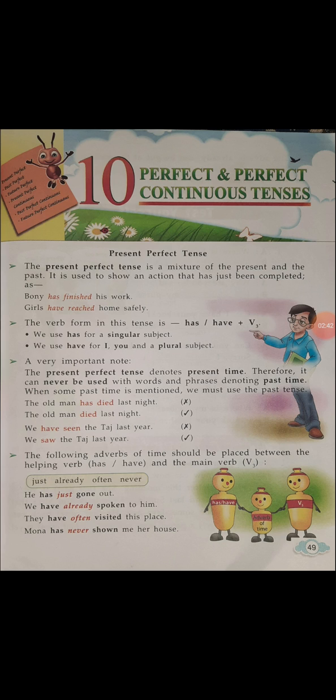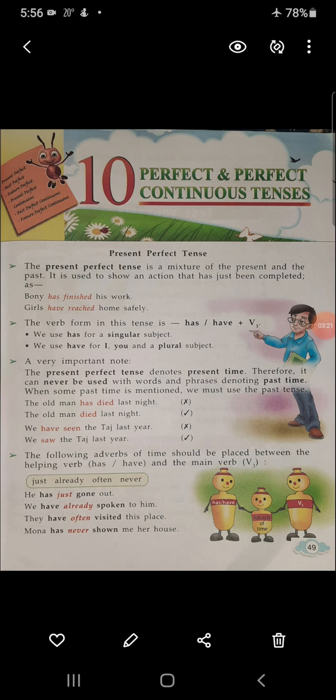What is V3? We have discussed this in our previous class. V3 is the past participle. So we use has for a singular subject, and we use have for I, you and a plural subject. Whenever you are writing or speaking, if there is a singular thing, singular meaning only one, at that time you have to write has, H-A-S.